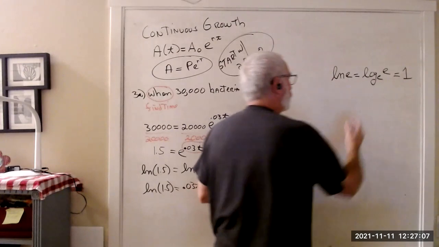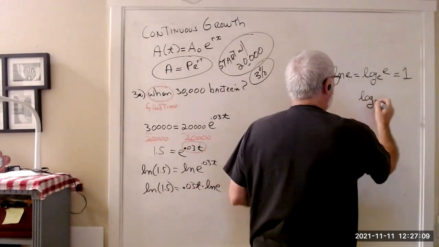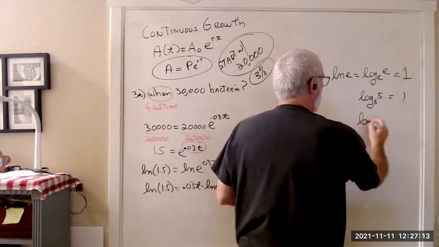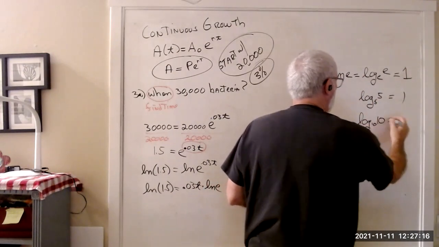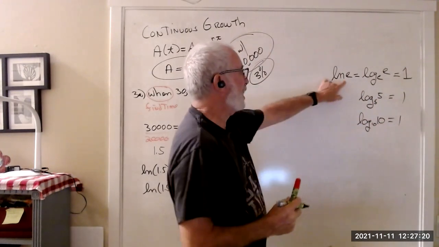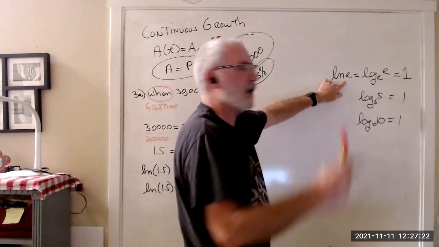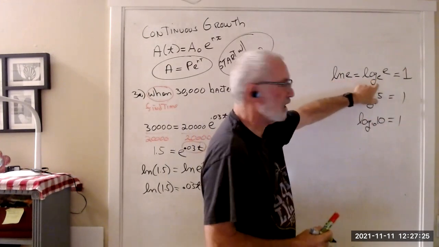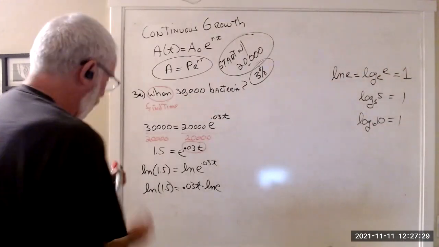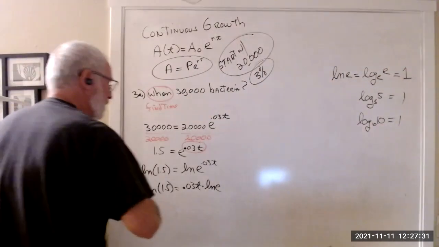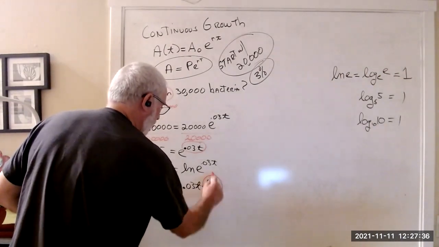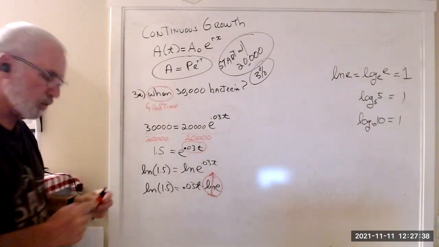One of our log laws said the log base 5 of 5 is worth 1. The log base 10 of 10 is worth 1. So when you say the ln of e, you're actually saying the log base e of e, which always becomes 1. Well, that's kind of cool because that means this part of the problem basically drops out because it becomes 1.